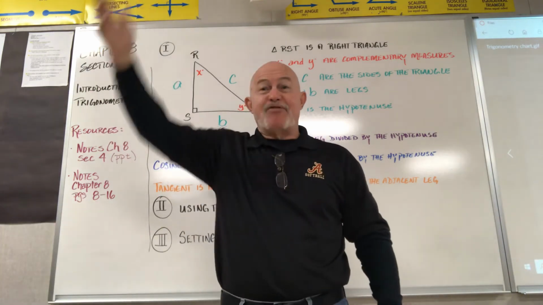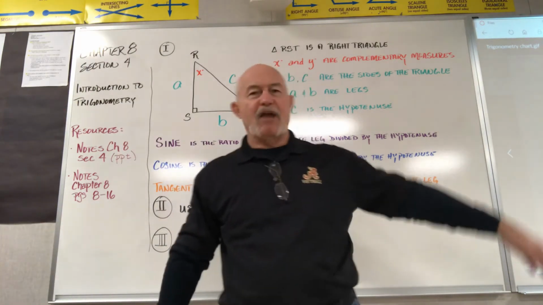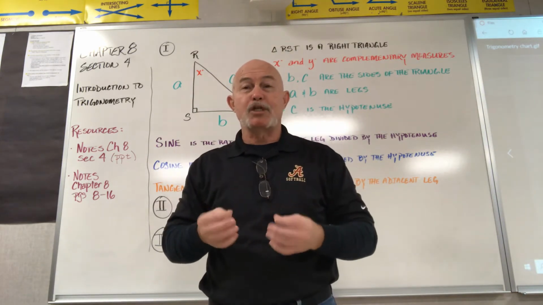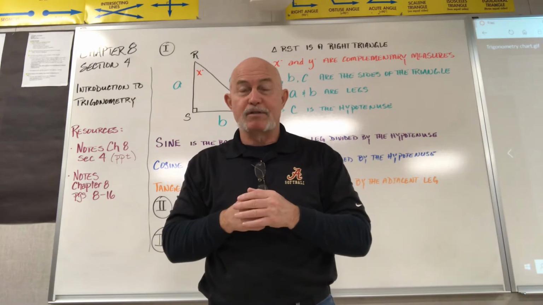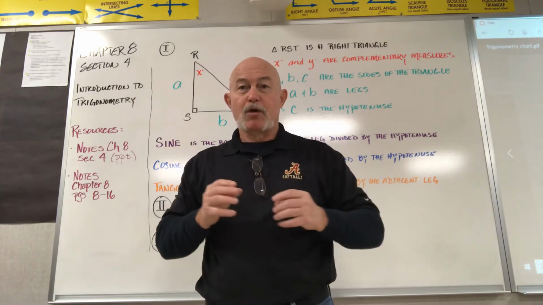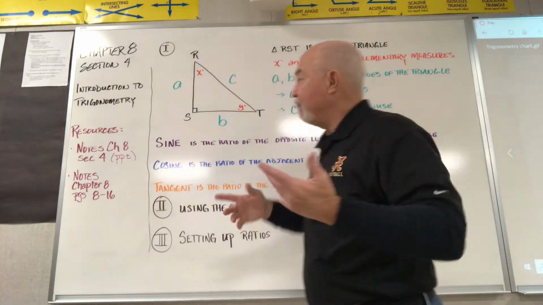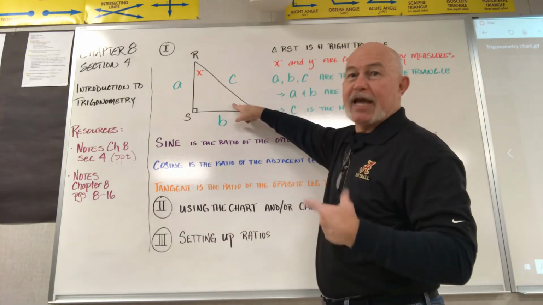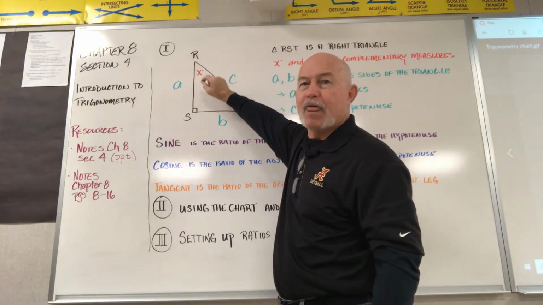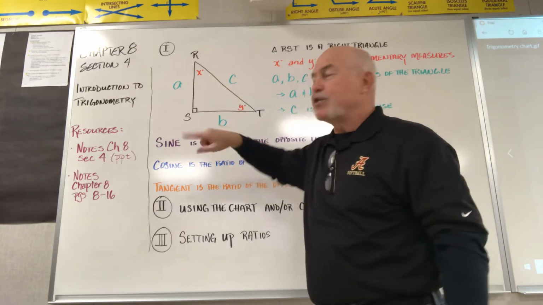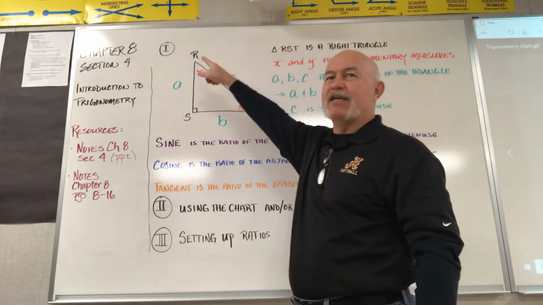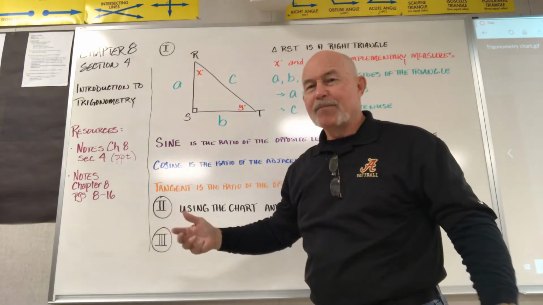It can be 5,000, 5,000, and 5,000 radical 2. The sides are in proportion. They're similar triangles. That's what trigonometry comes down to. If I have a 5-degree angle here, we know this has to be 85. You're always going to have the same ratio for a 5, 85, 90 triangle.